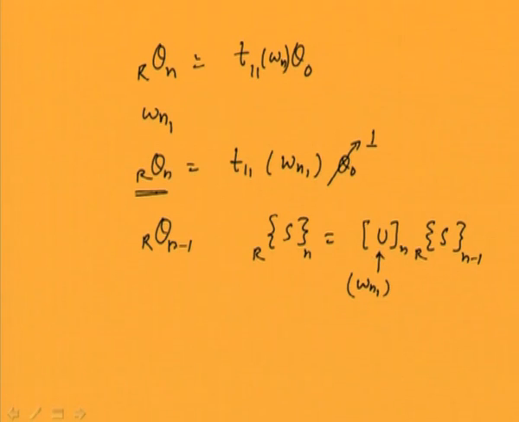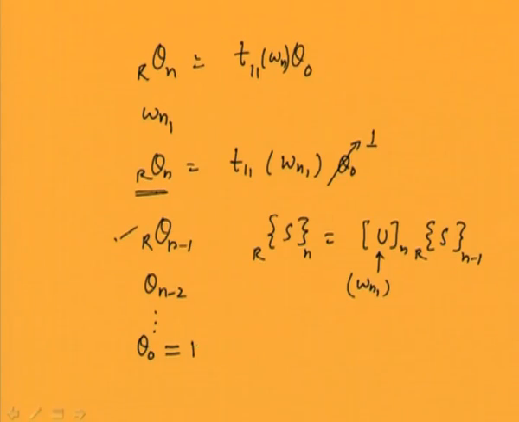Okay, so the state vector at the n minus 1 station can be obtained. Similarly, at n minus 2 and so on up to theta naught. So these are the relative displacements of various disks, and theta naught we have considered as 1.